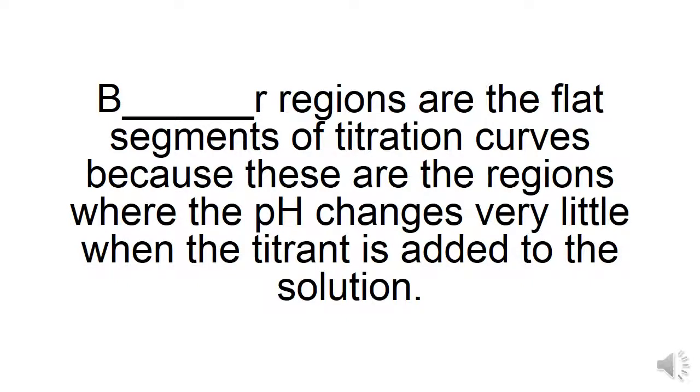Buffer regions are the flat segments of titration curves, because these are the regions where the pH changes very little when the titrant is added to the solution. So as it relates to titration, what are the buffer regions?